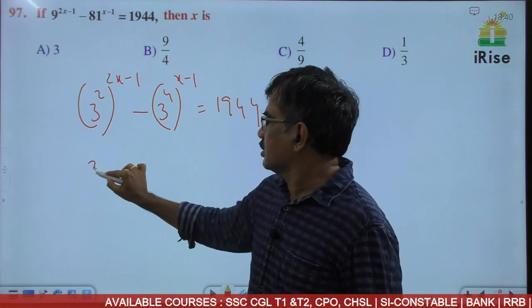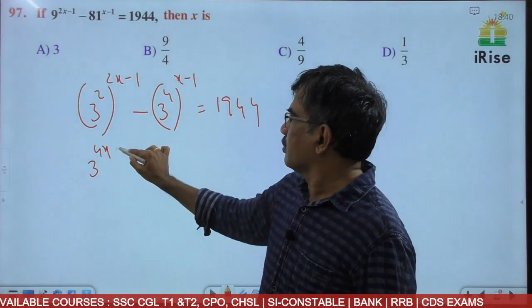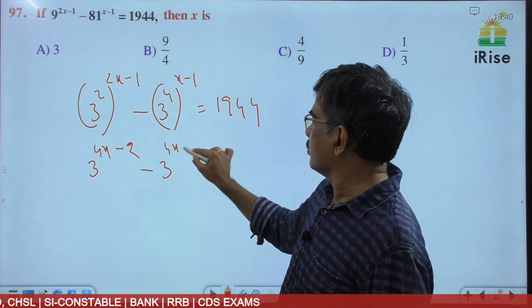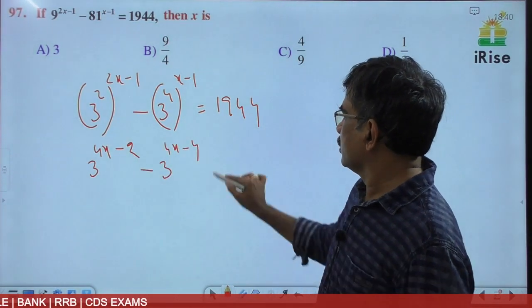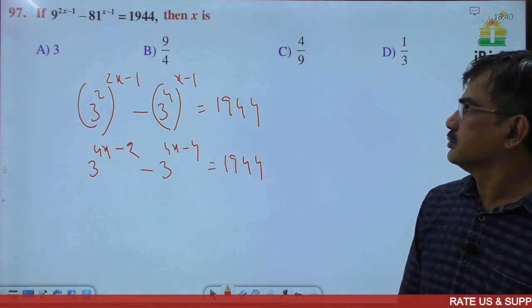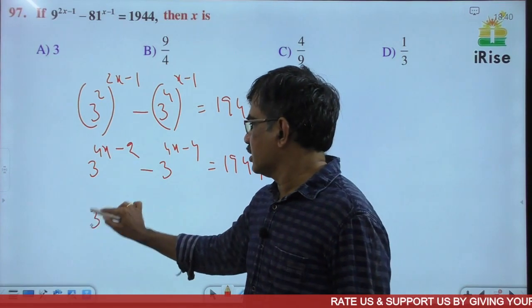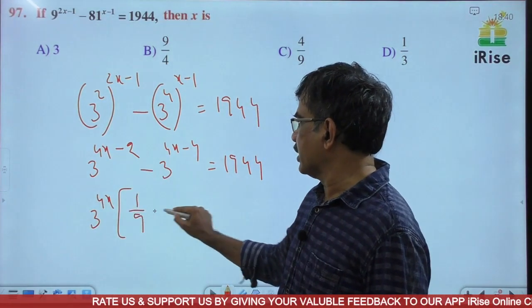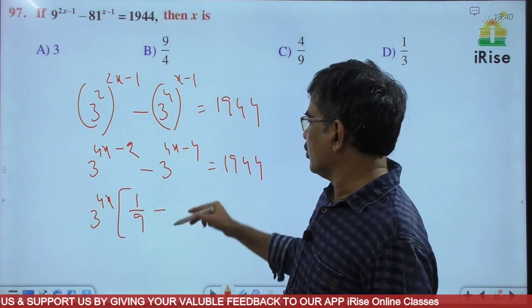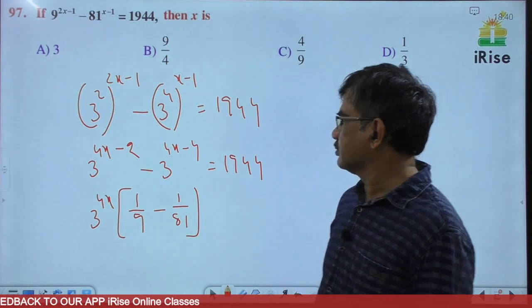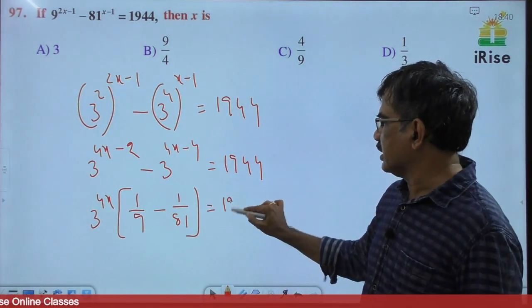This is 3 power 4x minus 2 minus 3 power 4x minus 4 equals 1944. I want to take 3 power 4x common. 3 power minus 2 is 1 by 9, 3 power minus 4 is 1 by 81, equal to 1944.